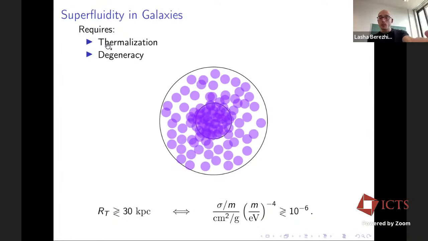And if in the thermalized state, particles happen to be at lower temperature than the critical temperature, which is another way of saying it's degenerate, then they would form Bose-Einstein condensate.